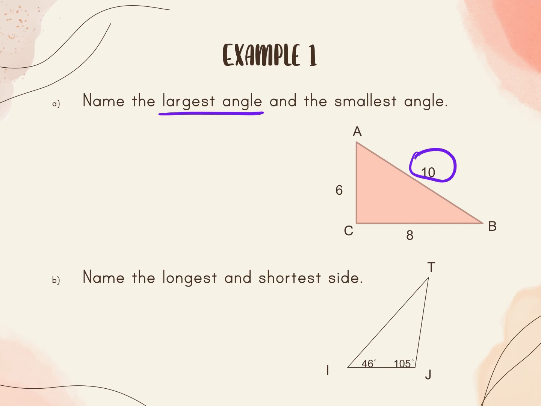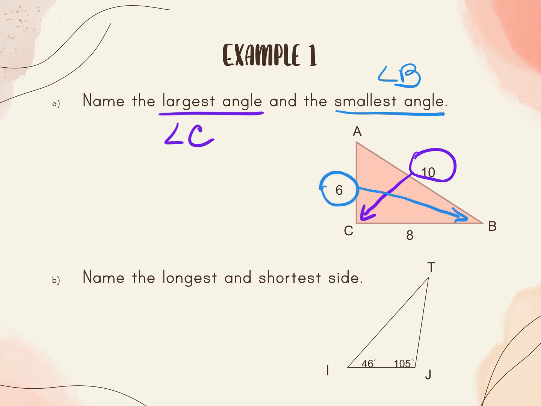So that biggest side is AB, and the angle across from AB is angle C. So angle C is the largest angle because it's across from the biggest side. To find the smallest angle, I need to find the smallest side, which is the 6. And the smallest angle will be opposite to that side, and it's going to be angle B.